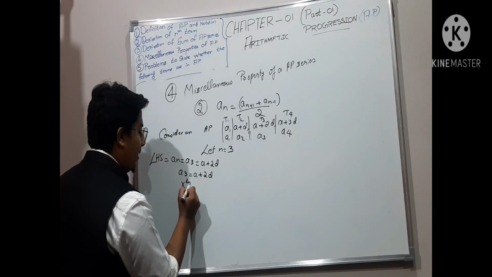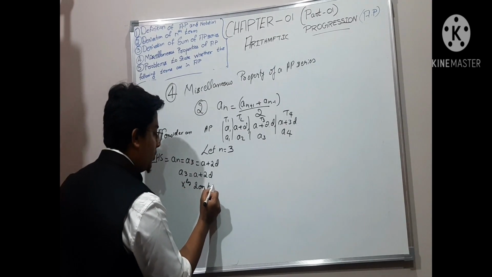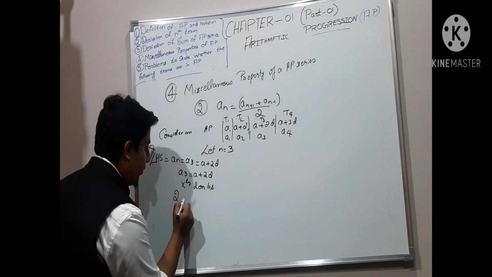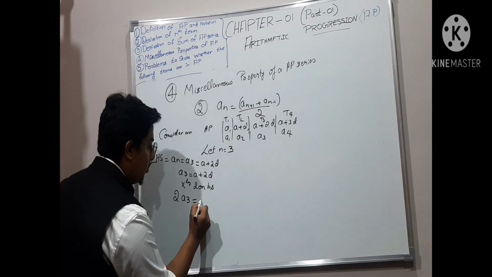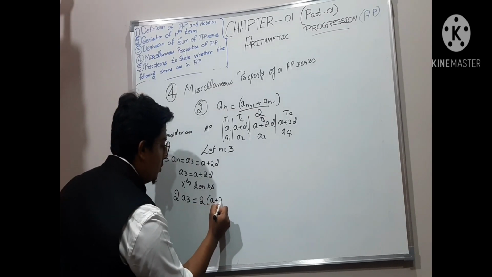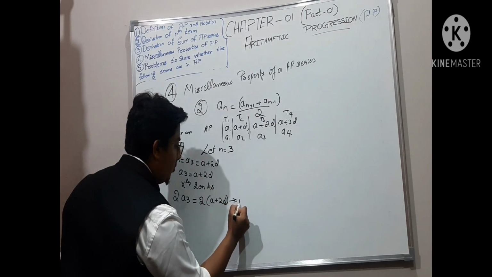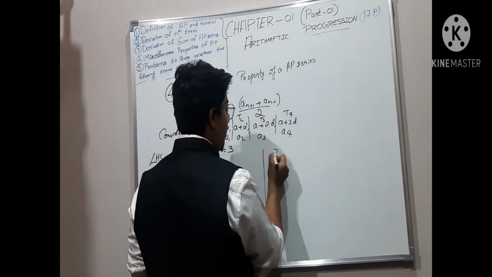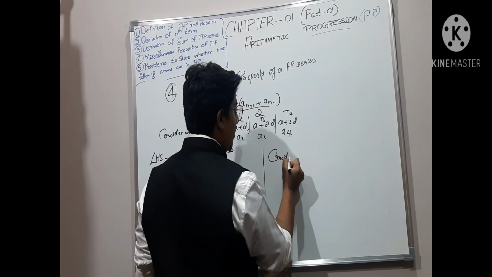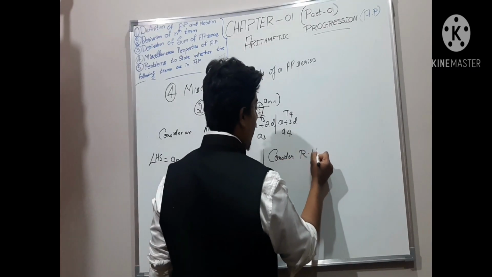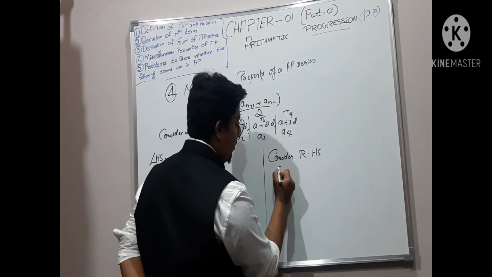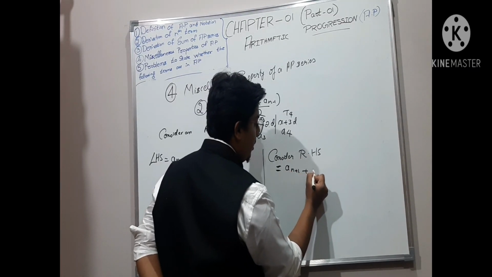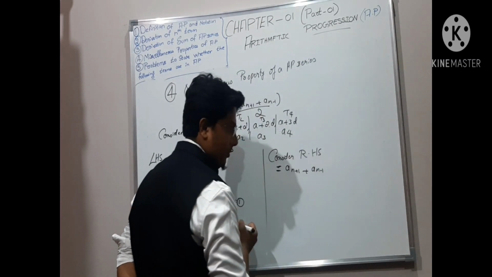Multiplying 2 on both sides, we get 2 times a3 is equal to 2 times a plus 2d. This is equation 1. We also consider the RHS, a_(n plus 1) plus a_(n minus 1).